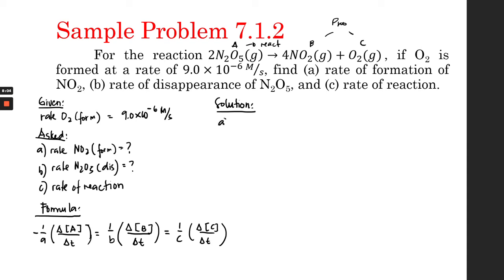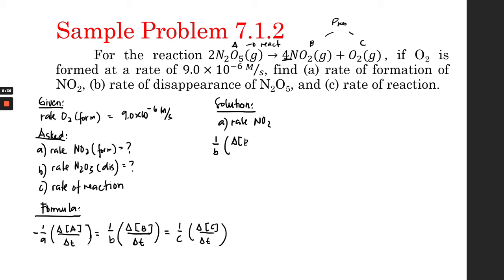First we want to find the rate of reaction for NO2. We can use the rate of formation of O2, which is C, to find the rate of formation of our B. So what we're going to do is use the equation 1 over B, change in the molar concentration of, this time, NO2.